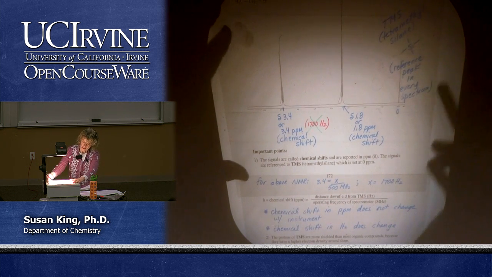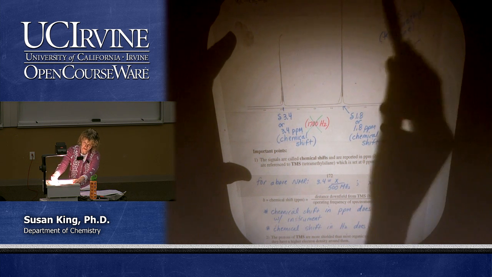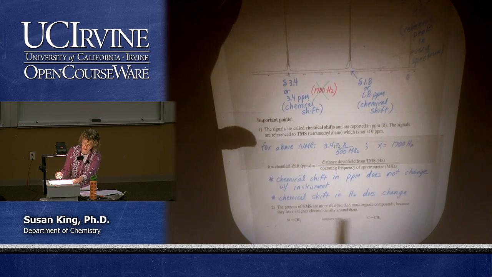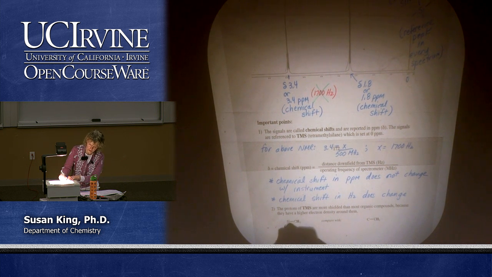All right, so we talked about the fact that we have this reference peak in every spectrum, TMS, tetramethylsilane. The protons of tetramethylsilane are more shielded than most organic compounds because they have a higher electron density around them. And this all has to do with electronegativity. Silicon is 1.8.